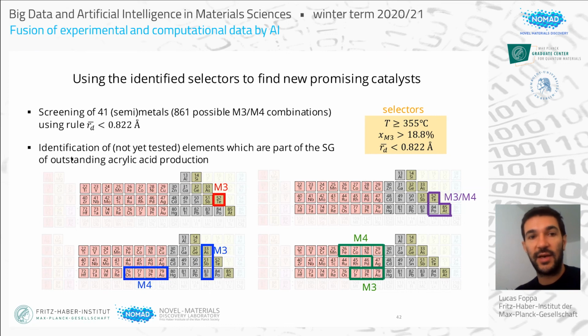So we can identify not yet tested elements which are part of the subgroup of outstanding acrylic acid production. And that's how we can suggest which new formulations, not only the composition in terms of the elements, but also how much of this M3 we should have or the temperature for new experiments.